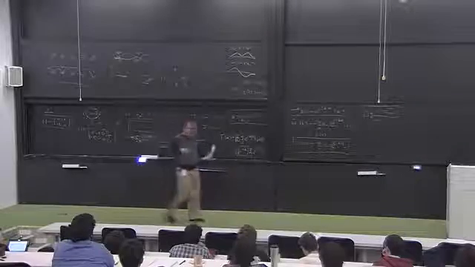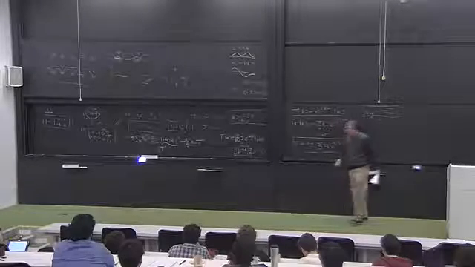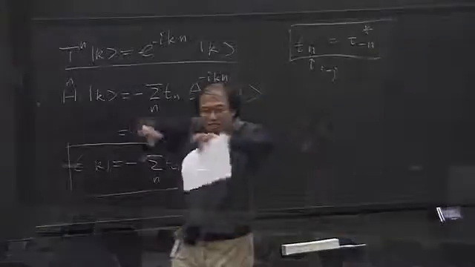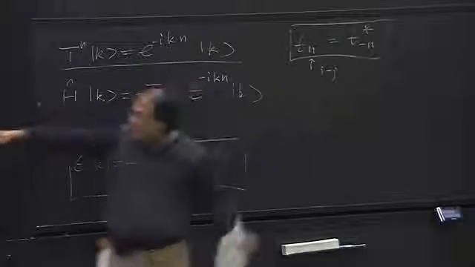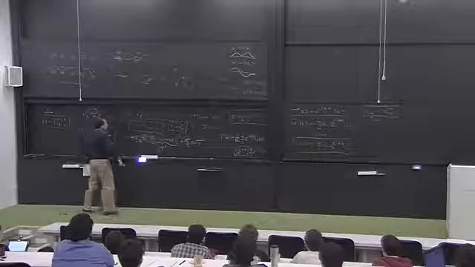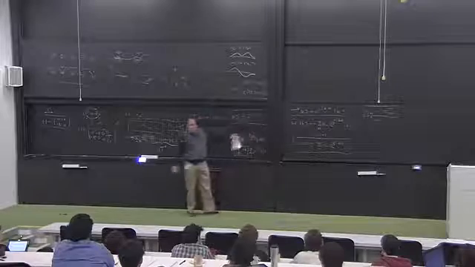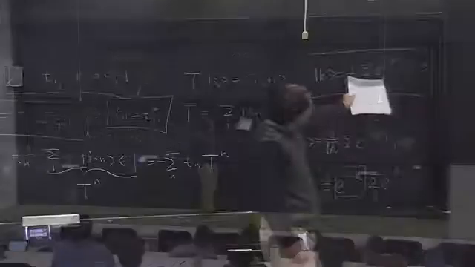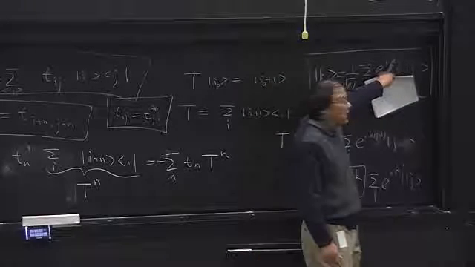Actually, again, there's something I kind of glossed over. When you have a periodic system on a ring, so it's like this, we have a ring with n sides. Now, not 4 sides, but n sides. This is not always legal. The k has to be quantized.